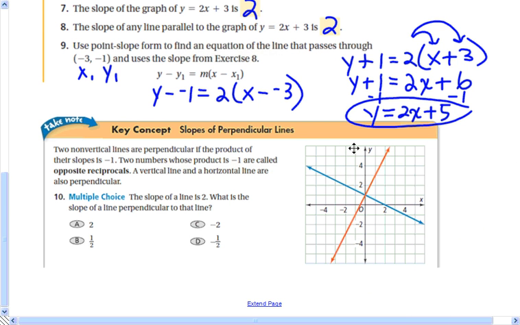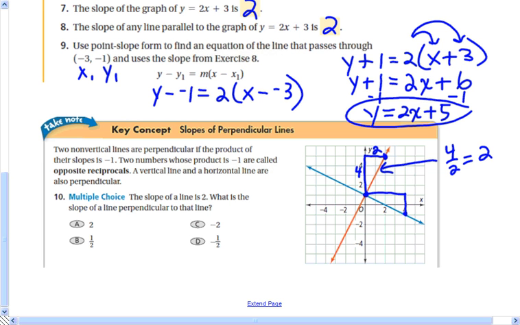Now, check this out with the slopes. If I put a point here and a point here, and I do rise over run, that's 4 over 2. So that slope of that red line is 4 over 2, which is 2. Okay, now if I do the blue line, I'm going to just put a point right here.